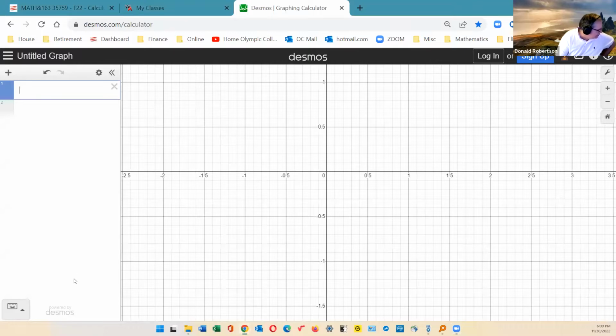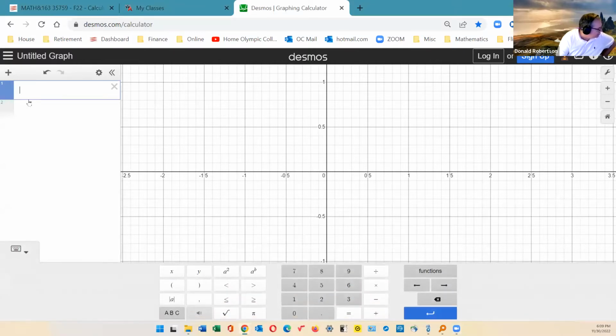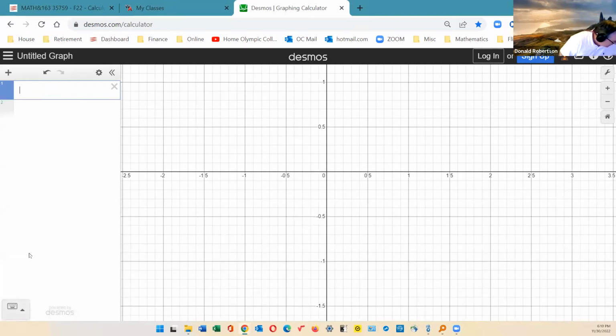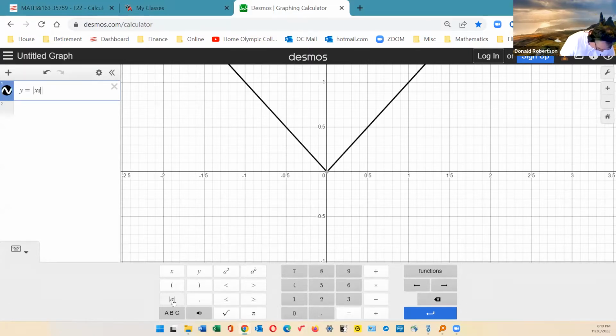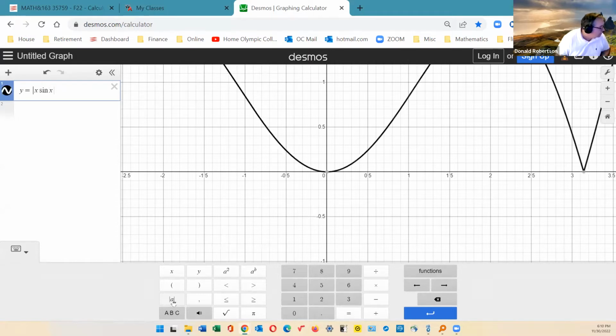So absolute value is a bit of a pain. Oops, forgot some. Have to type in y equals. Now, absolute value, if you click on this guy, you'll find it there. And f of x was what? x sine x. Interesting function.